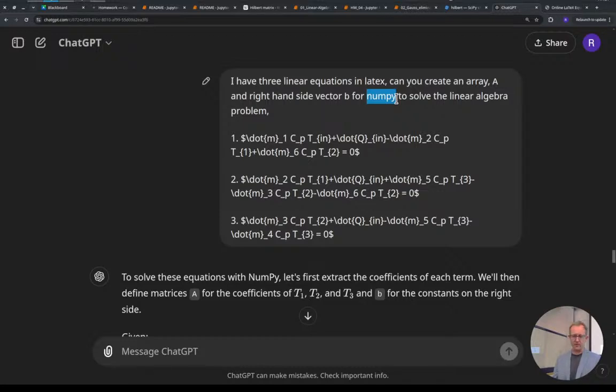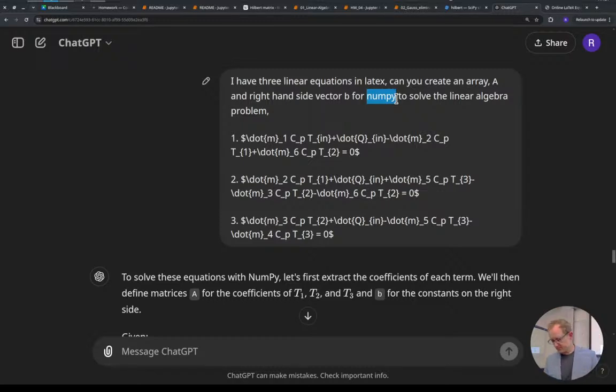So if you're trying to recreate this, some of the prompt engineering you need to use is being as specific as you can, laying out the boundaries that you want it to make answers in.